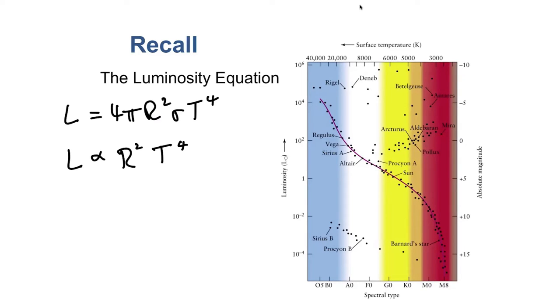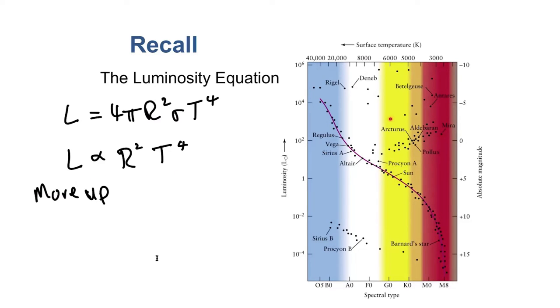So let's imagine starting at the sun and moving in a direction on this diagram. What's going to happen as we move in a particular direction on the diagram? Let's say, for instance, we want to move up on the diagram. So we're starting at the sun and we're moving up. What does that mean for this equation?